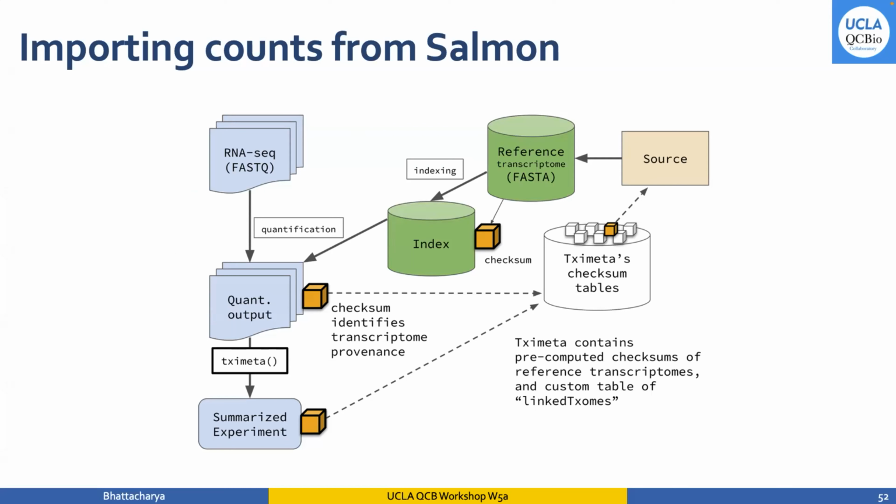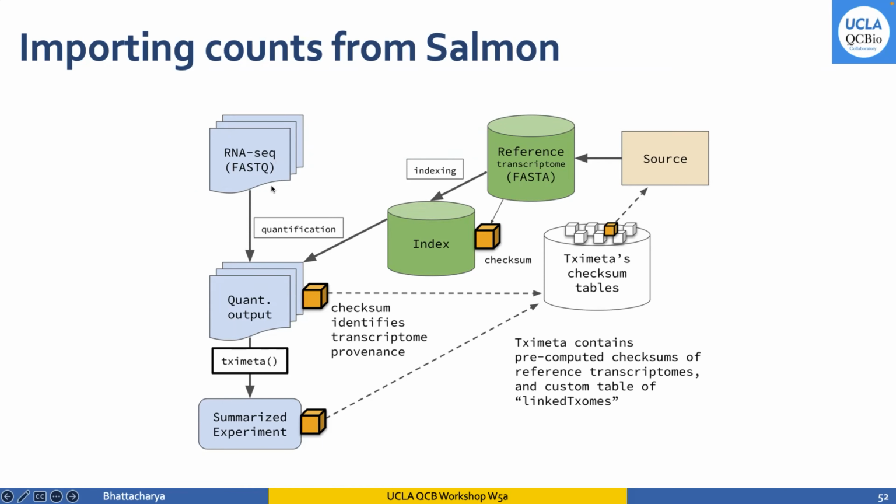One last bit for today. We're going to take these quant.sf files contained in these folders and import them into R. We're going to be using a package, though I like to think of it more as an infrastructure, called tximeta. The idea is we've done the blue part of this pipeline.